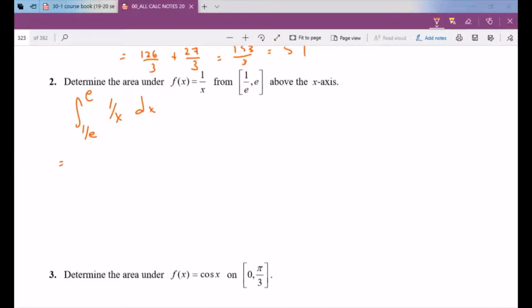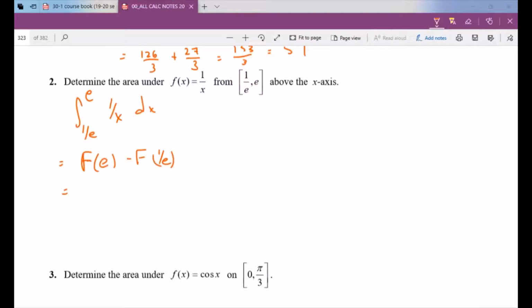This ends up being equal to the antiderivative at e minus the antiderivative at 1 over e.